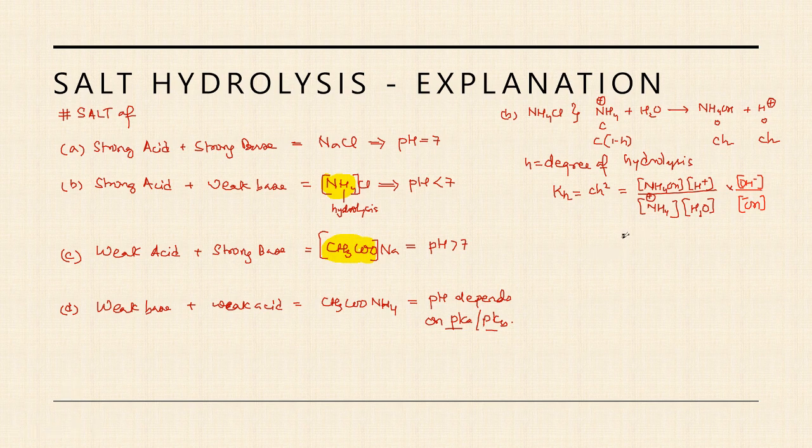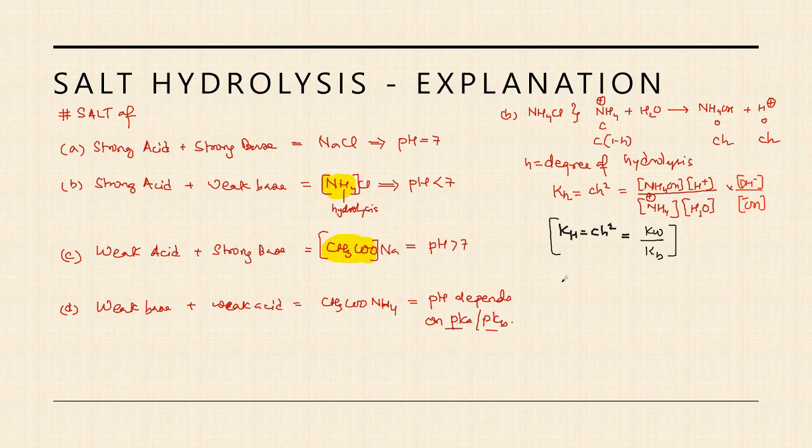You will be getting Kh as equal to Ch square which will be equal to Kw upon Kb. You will get this expression.